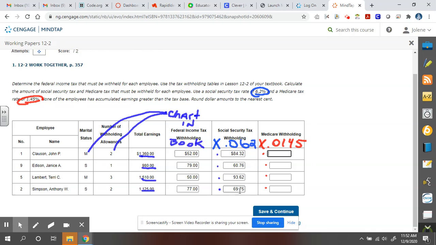Social Security tax, Medicare tax, both of these, the employee pays a percentage of their earnings, and the employer matches this into the employee's account. Okay? So your boss, my boss, when I pay $84.32 into my Social Security, my boss is matching that into my Social Security.